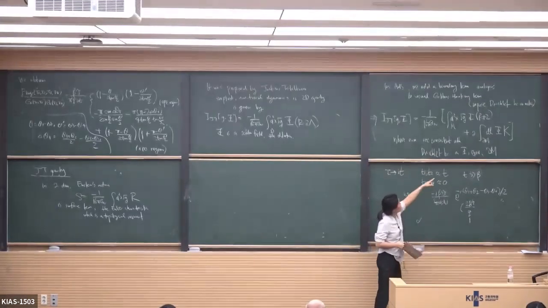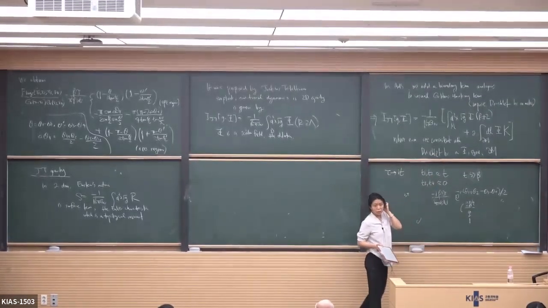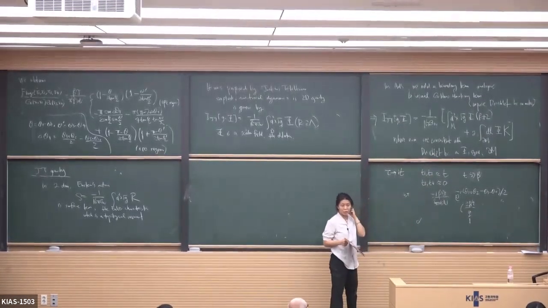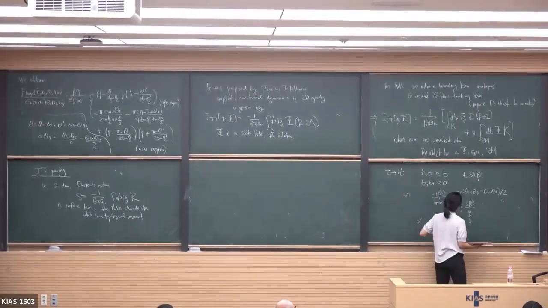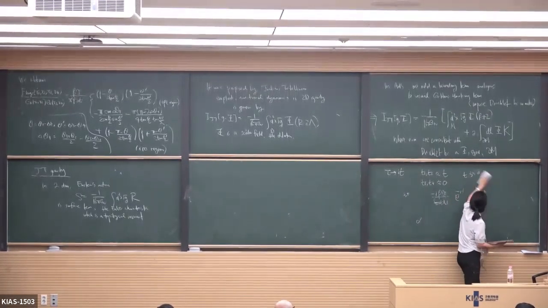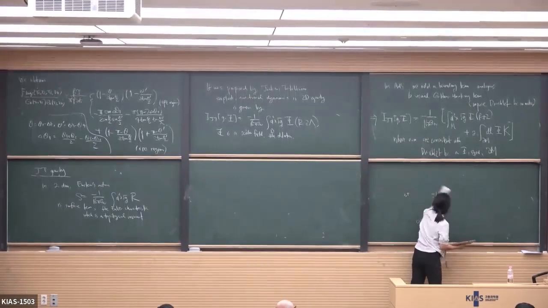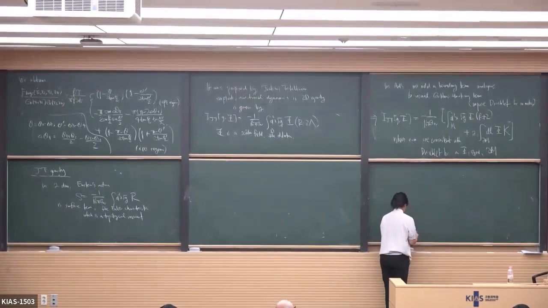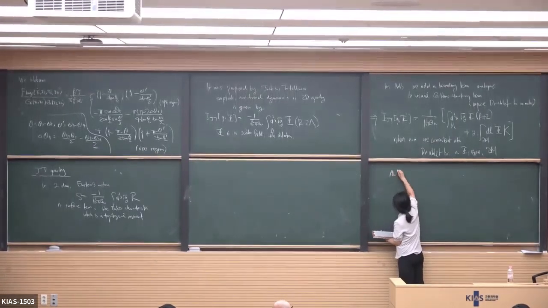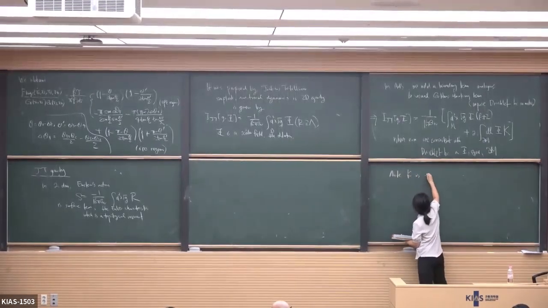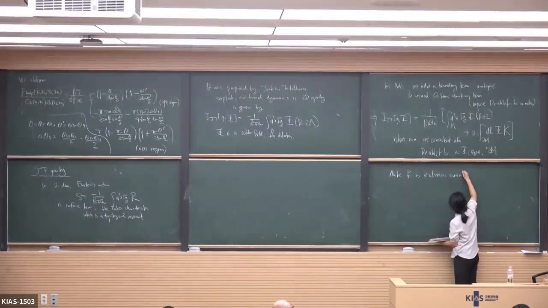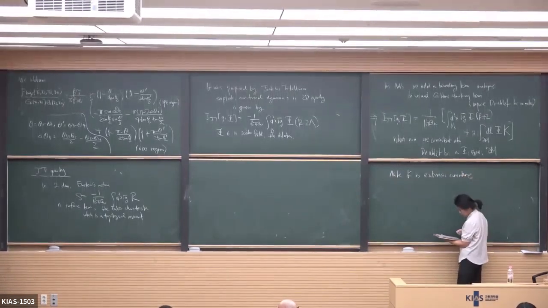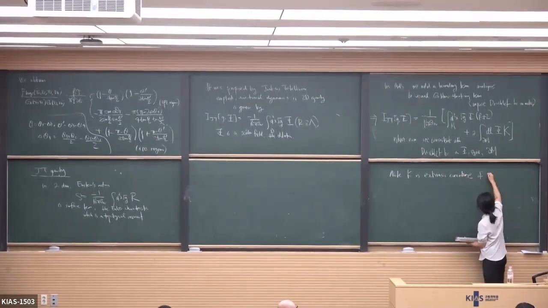It's actually this boundary term that will turn into the Schwarzian action when we compute the extrinsic curvature explicitly. So K is the extrinsic curvature of the boundary.